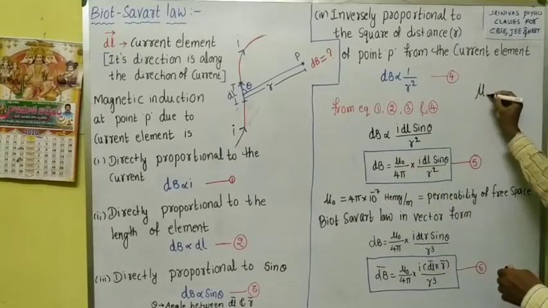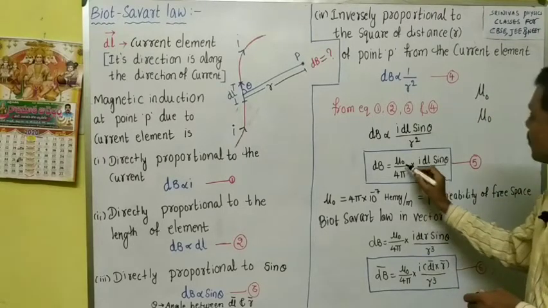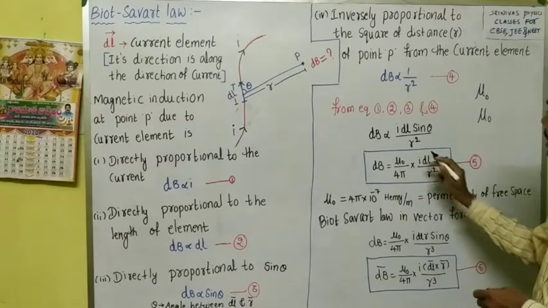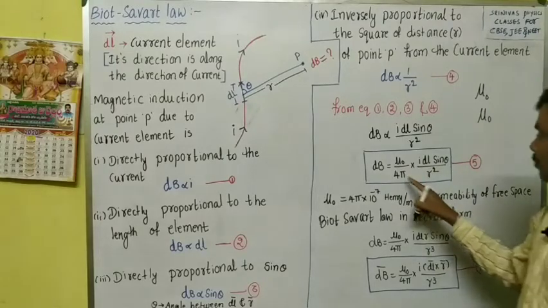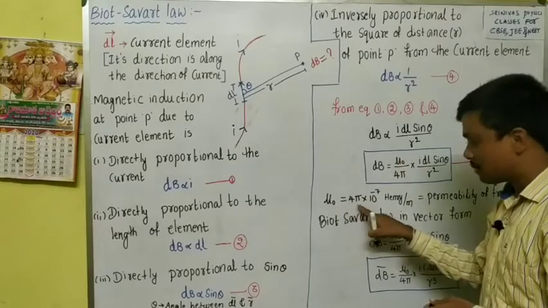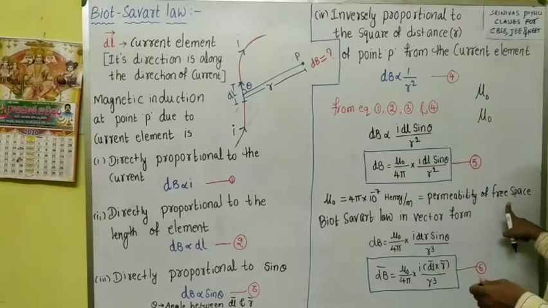So dB equals mu naught by 4 pi into I dl sin theta by r square. Here mu naught by 4 pi is the constant. What is mu naught? Mu naught is the permeability of free space.